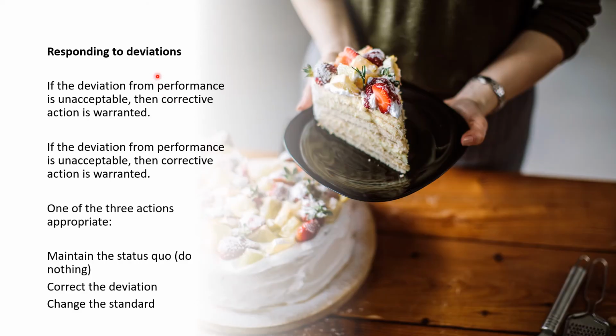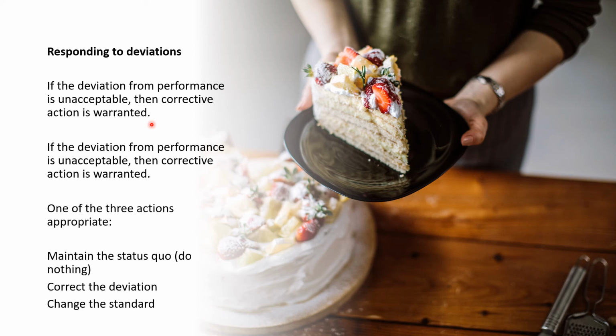Responding to deviations. If the deviation from performance is unacceptable, then corrective action is warranted. When you compare between the actual and the standard, and you feel that the actual cake did not taste as sweet as the standard, you cannot accept it.